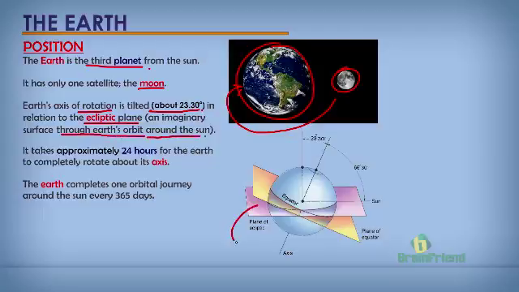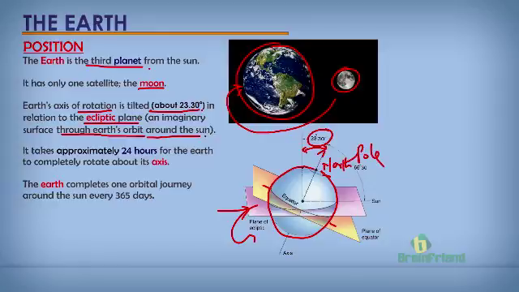So we have our ecliptic plane, which is our plane here, and we have our Earth tilted to 23.30 degrees. Our equator is turned in this direction, and we have our poles. The North Pole at this position, and the South Pole.